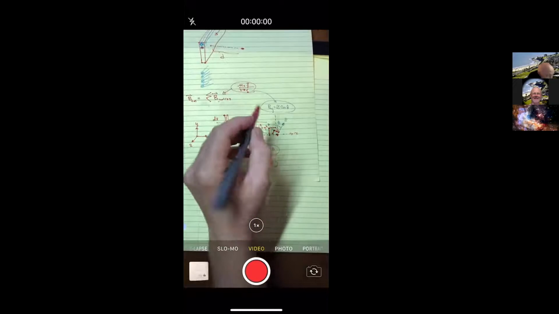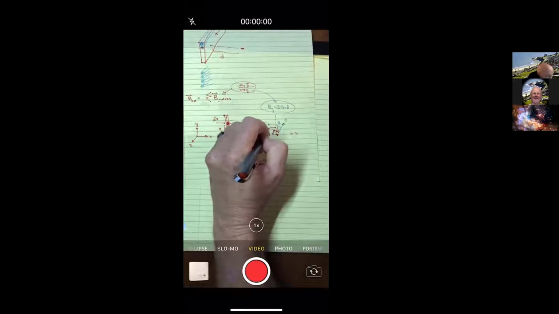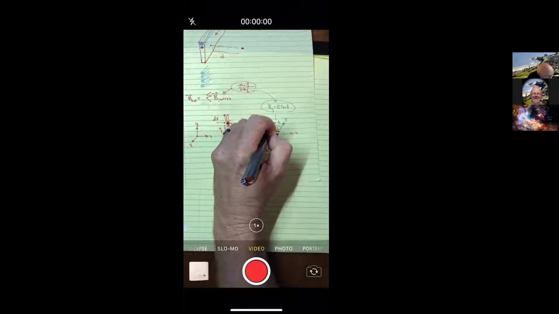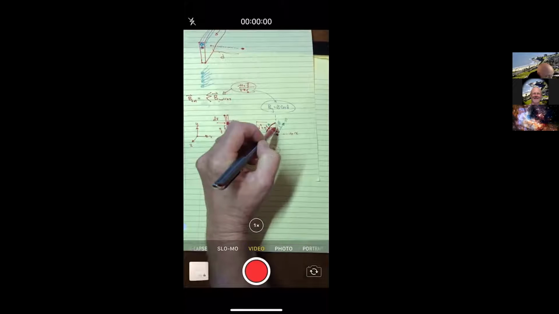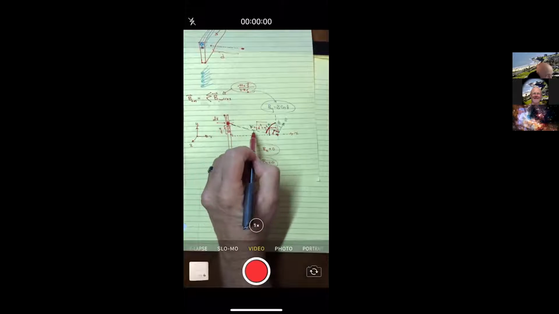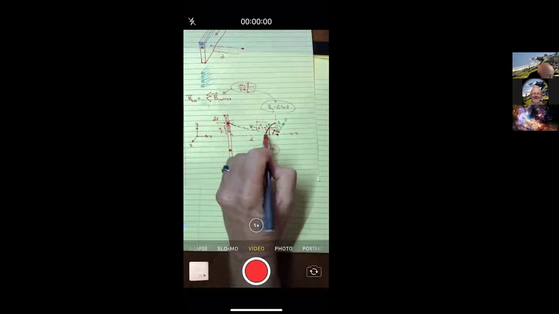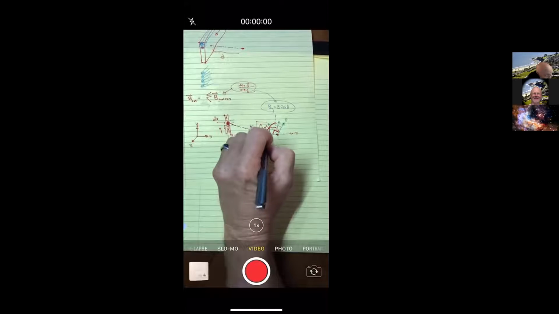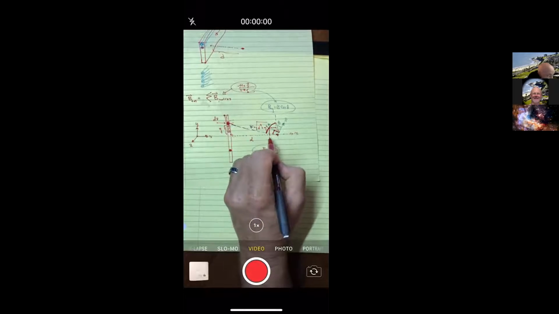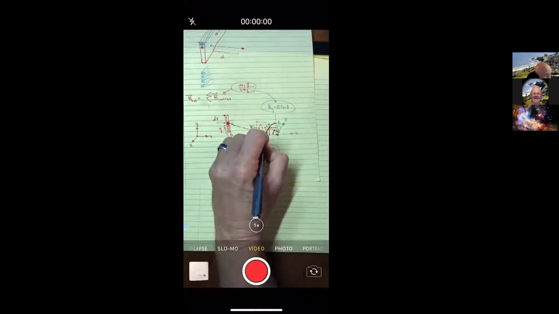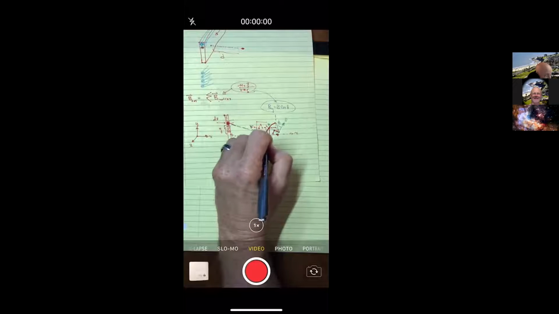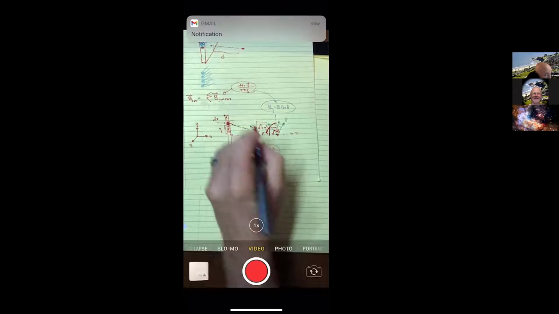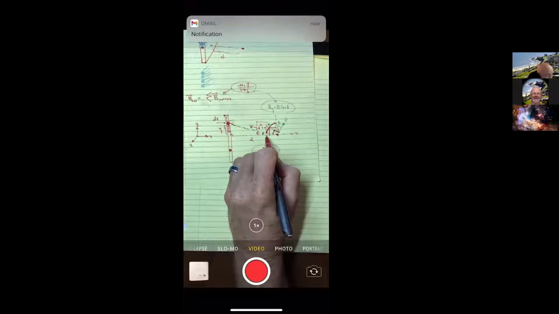Now, these two 90 degrees each share this much from the vertical to this blue line. So this blue line to the vertical plus theta is 90 degrees. But also this blue line to the vertical and this angle here add up to 90 degrees. So that tells me that this down here is also a theta.